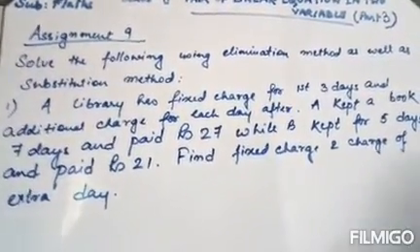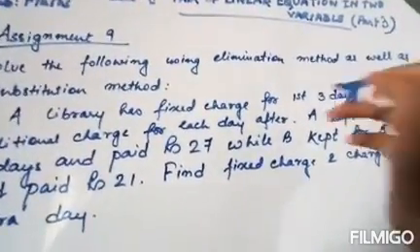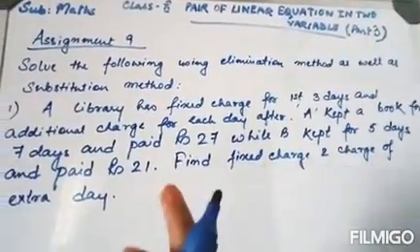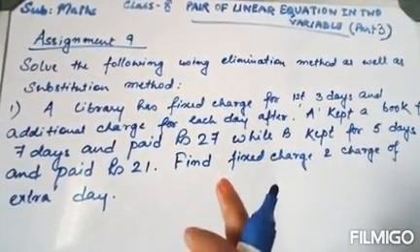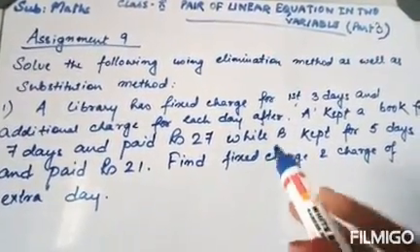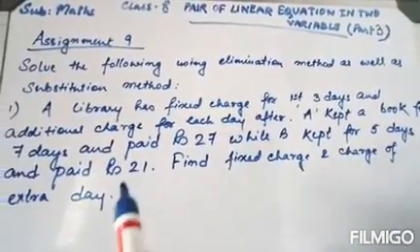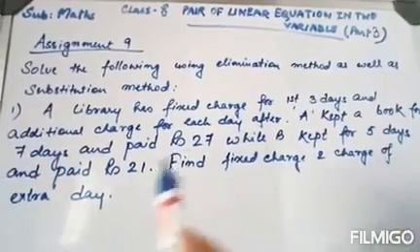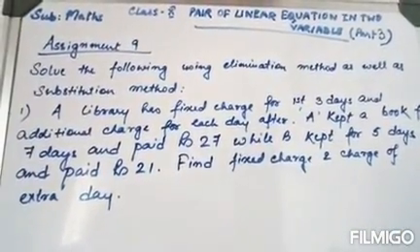A kept a book. A is a person, okay? A kept a book for 7 days and paid rupees 27, while B kept it for 5 days and paid rupees 21. Find the fixed charge and the charge of each extra day.